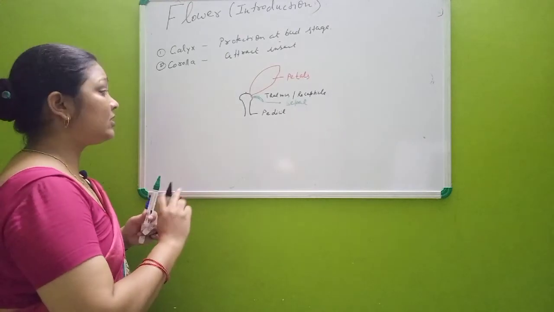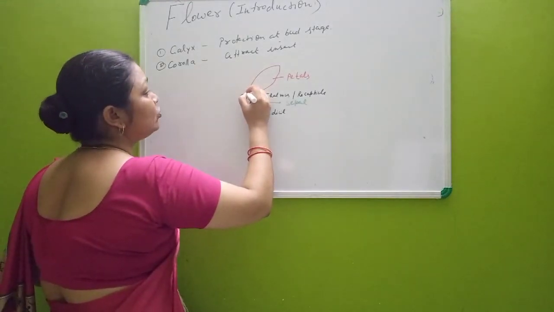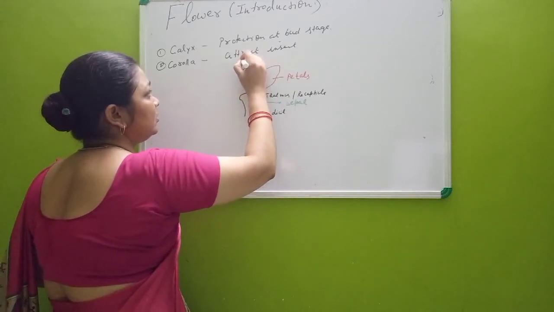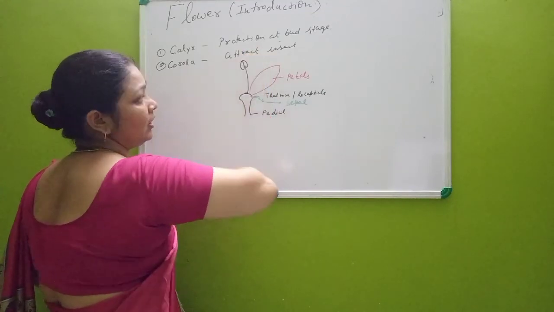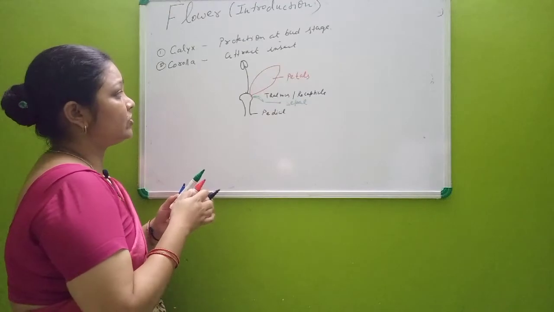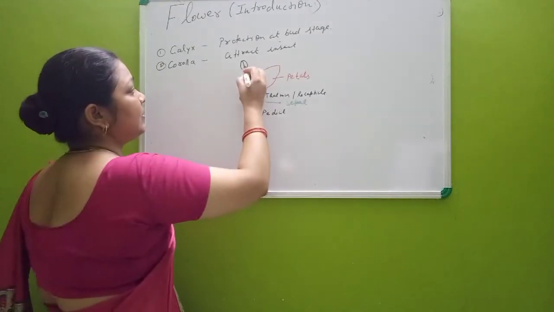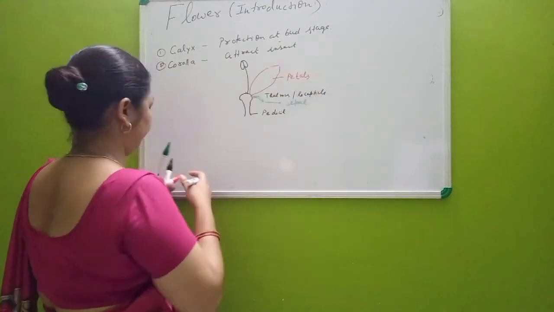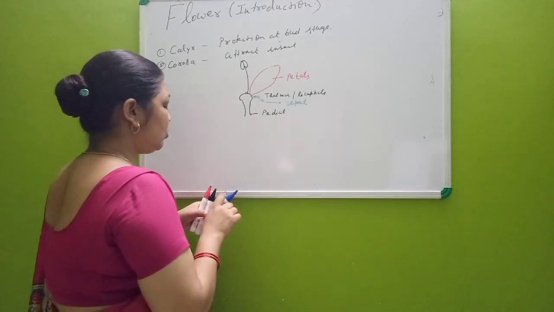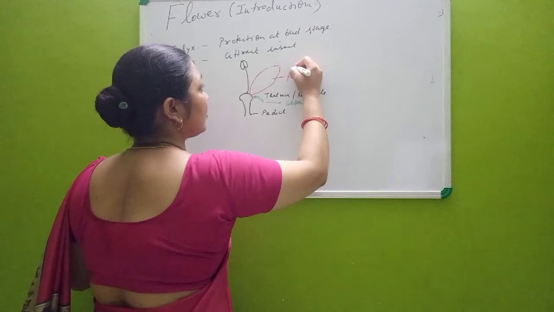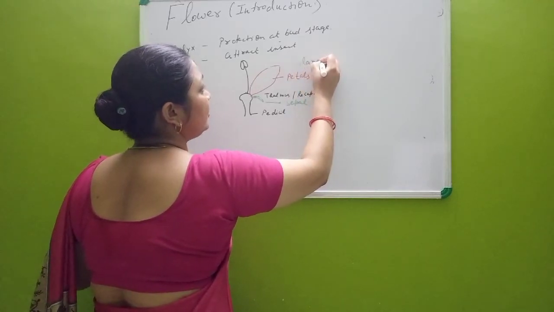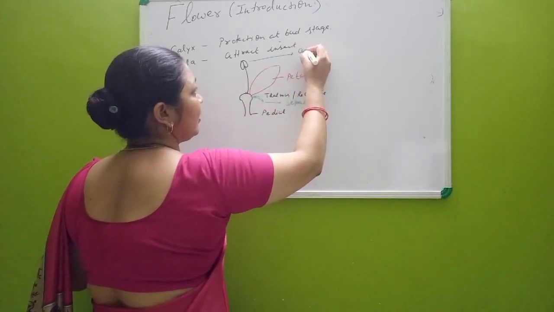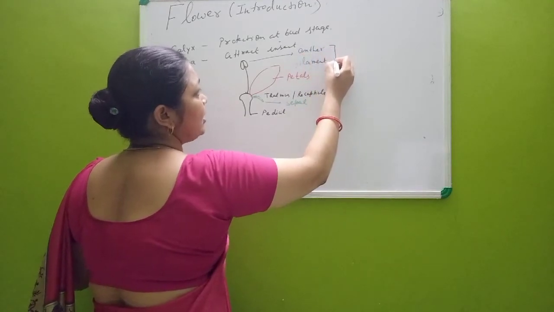Now the third whorl has two structures: a long tube-like structure, and above it a swollen structure. The lower part is called the filament, and the upper part is called the anther.